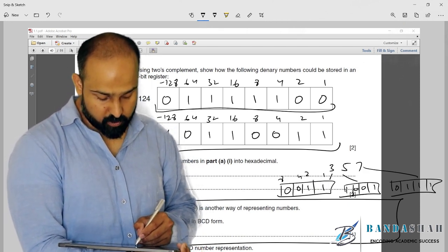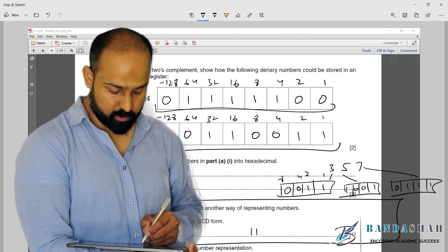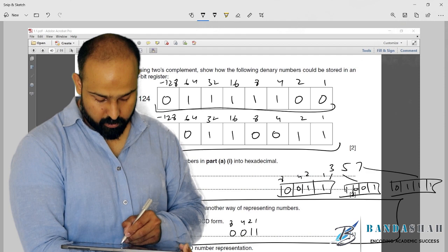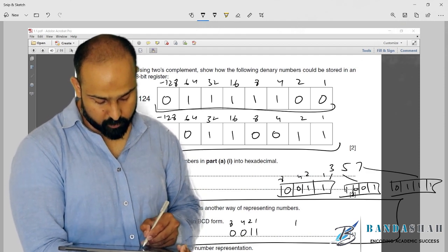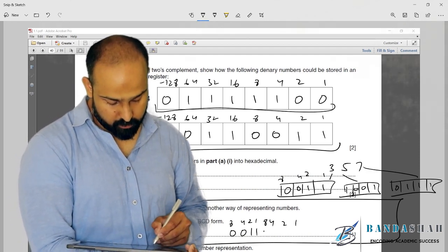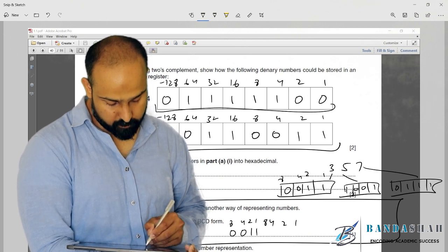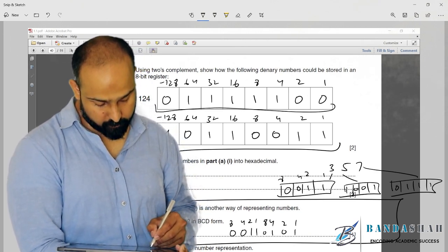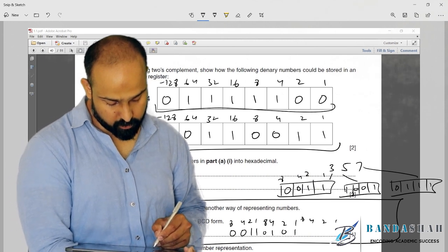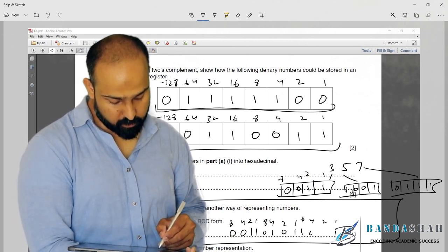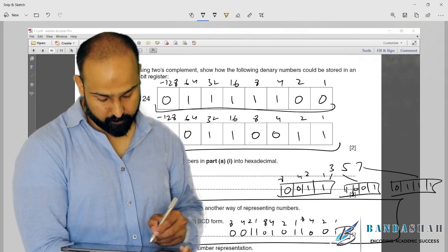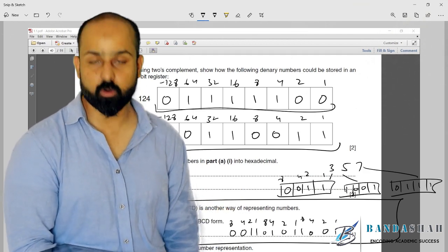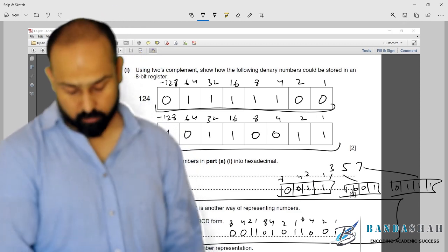This is your 3: 1, 2, 4, 8. Now 5: 1, 2, 4, 8, this is 0101. This is your 5. And 9: 1, 2, 4, 8, and this is your 9. So the answer will be 001101011001. There you go, BCD.